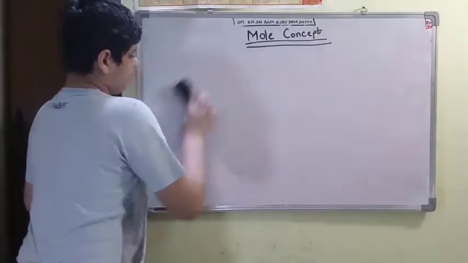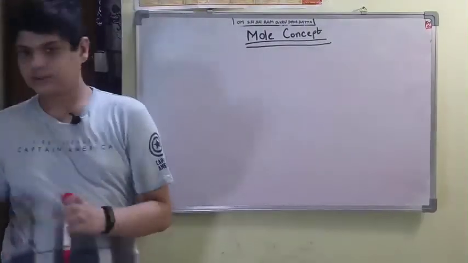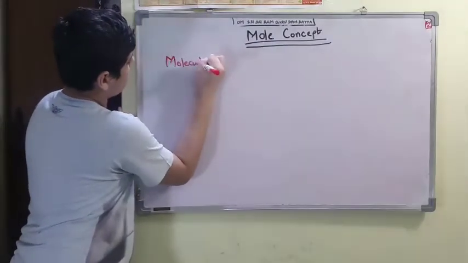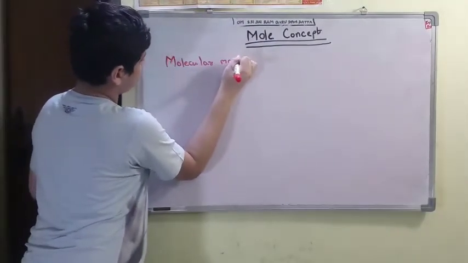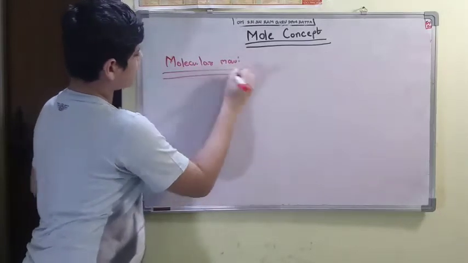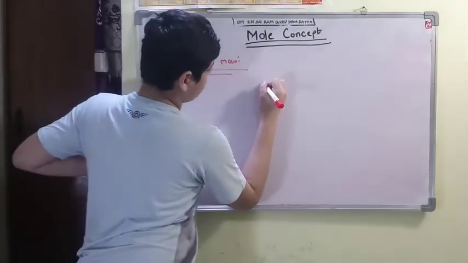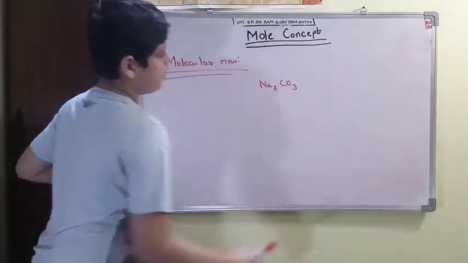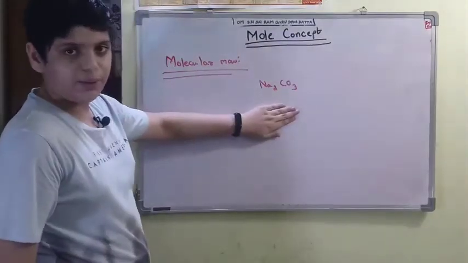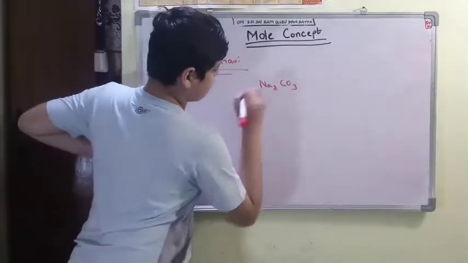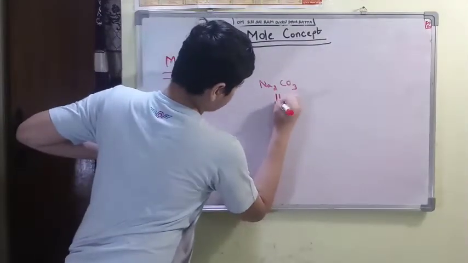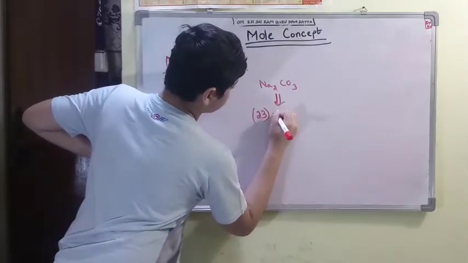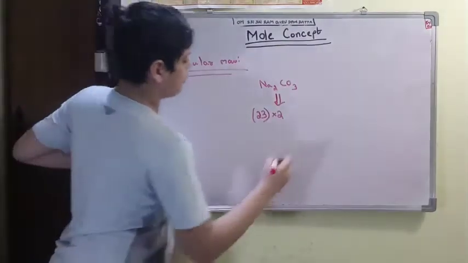So now let us study about molecular mass. So what is molecular mass? For example, we have been given a compound like Na2CO3. So we need to calculate the weight of this compound. Okay, the molecular mass, we'll say mass not weight. So the mass of sodium is 23. So 2 atoms of sodium, so it is multiplied with 2.